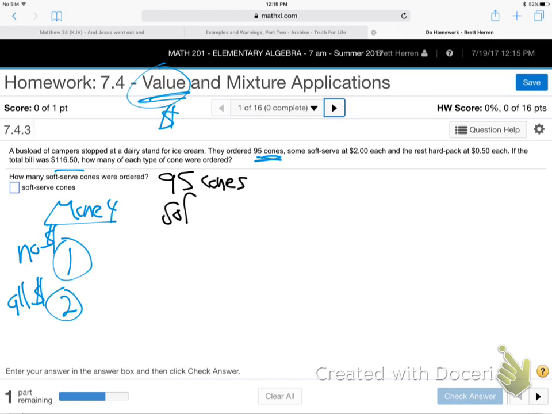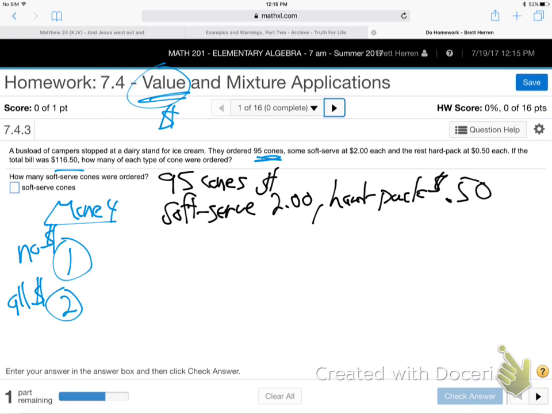The soft serve are $2, and the hard pack are 50 cents, and the total bill was $116.50. Okay. So here we go.